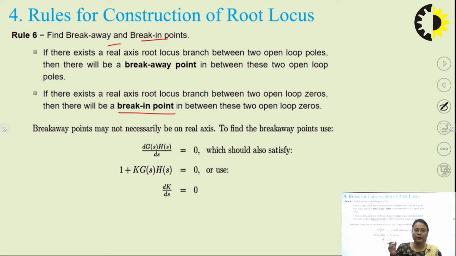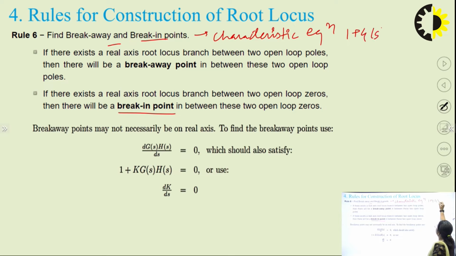We know this can be found with the help of the characteristic equation, which is 1 plus G(s)H(s) equals 0. So first we'll find the characteristic equation, 1 plus G(s)H(s) equals 0.